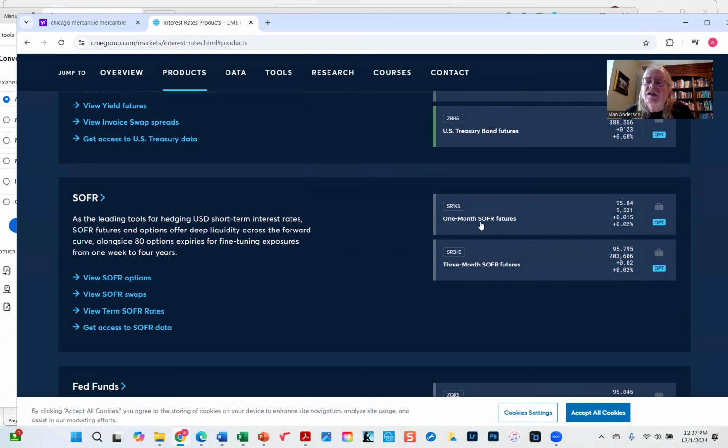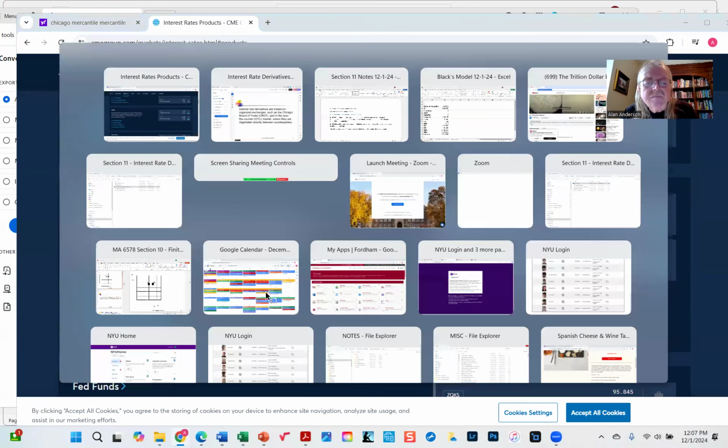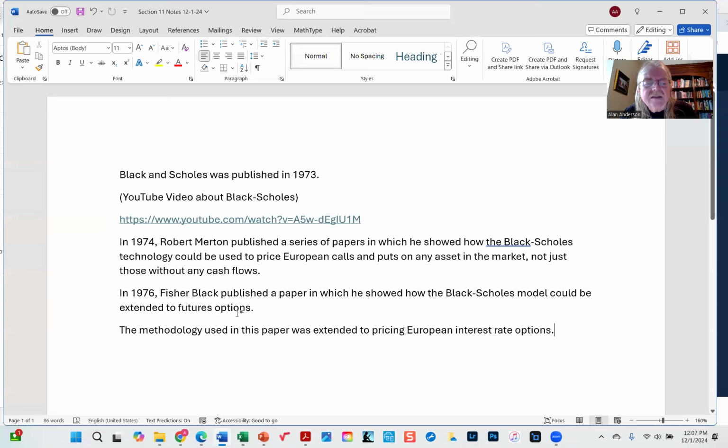Now, here there's some on SOFR. Now this has its own interesting story. There used to be, and there still is, I guess, an interest rate called LIBOR, which stood for London Interbank Offer Rate. Let me just quickly add this here.